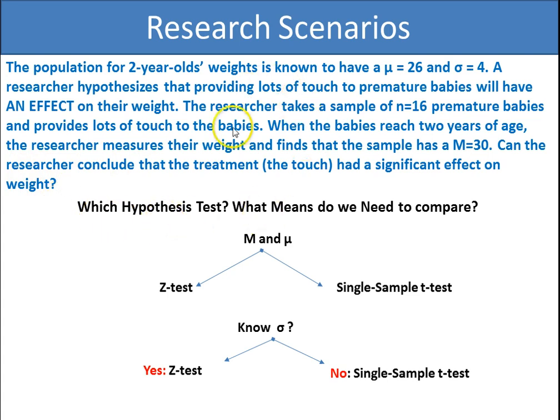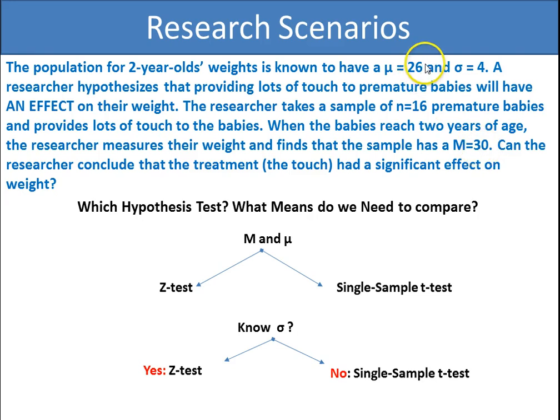Well, looking at this research scenario, you should note that the means we're working with are a population mean and a sample mean. So the researcher is going to take a sample of babies and give them lots of touch. When they're 2 years old, the researcher weighed all those babies and found that the sample of babies had a mean weight of 30 pounds.